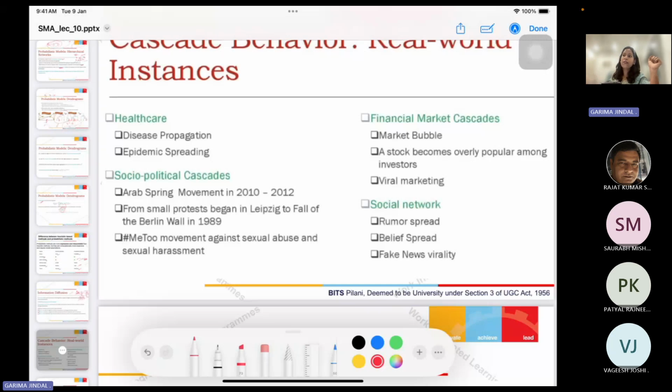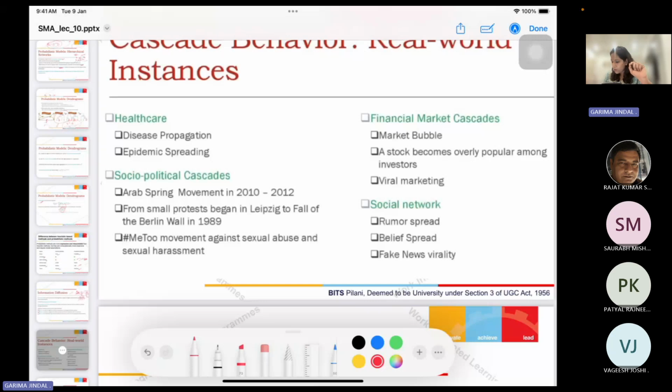Similarly, if you belong to a political party, you need a proper medium, proper people through which you spread your propaganda. If you spread through proper influencers, then your propaganda will spread fast.